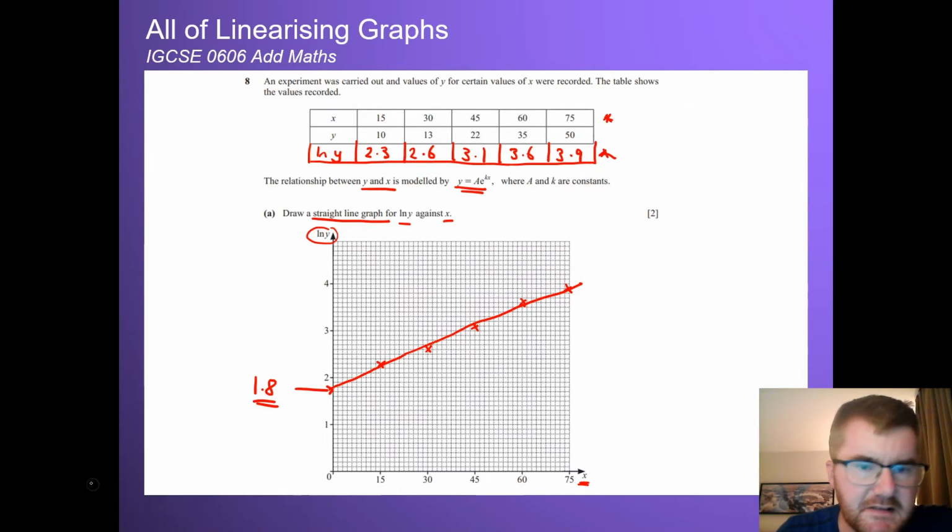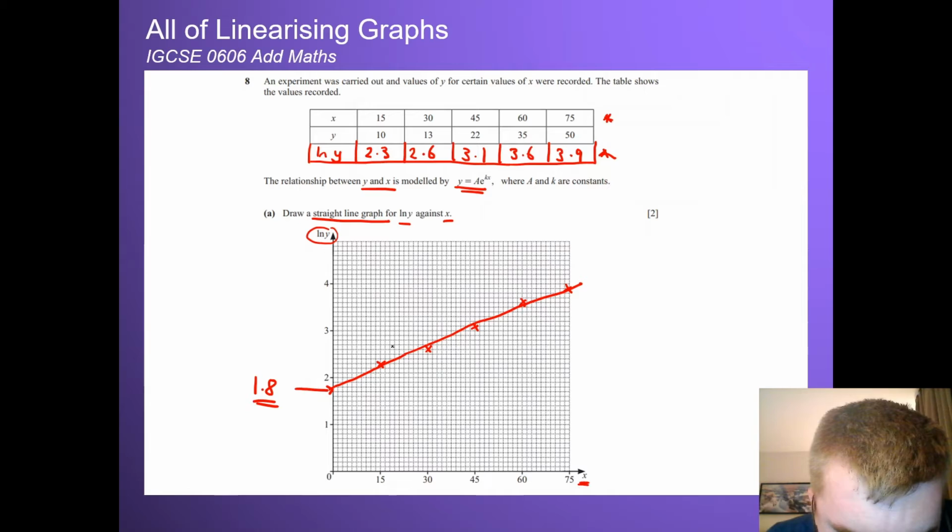Let's do this in a different color. So let's go between 15 and 30, just to keep our numbers easier. So this was at 2.3, wasn't it? So let's go across 2.3 until we get to 30. And we're going a little bit above. So I think that's 2.7, I would say.